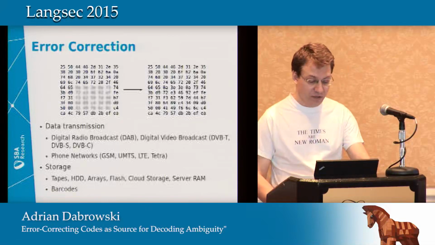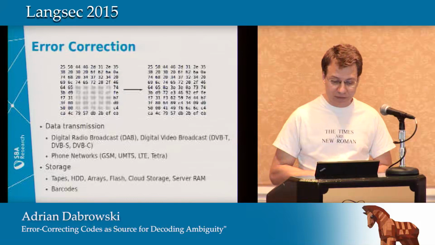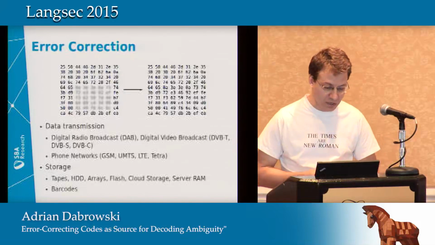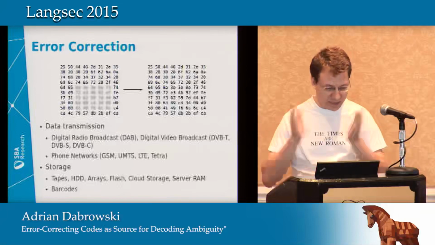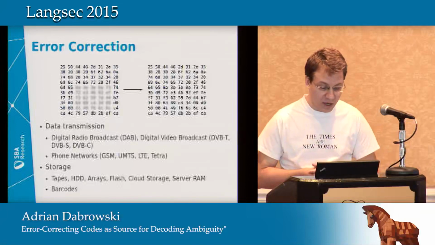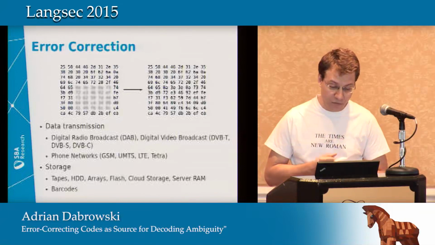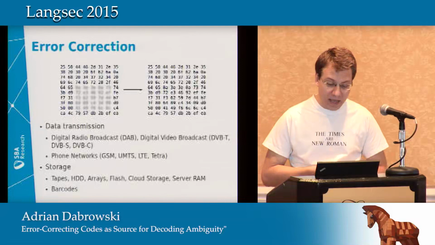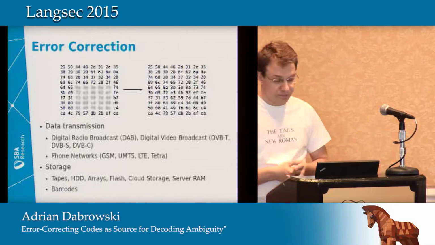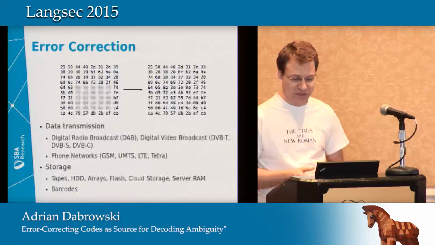For example, digital radio broadcasts of different kinds, radio and video, in telephone networks with GSM, UMTS, Tetra, whatever you name, or with storage on hard disks, in RAIDs, in cloud computing, and also with barcodes as kind of in between transmission and storage.